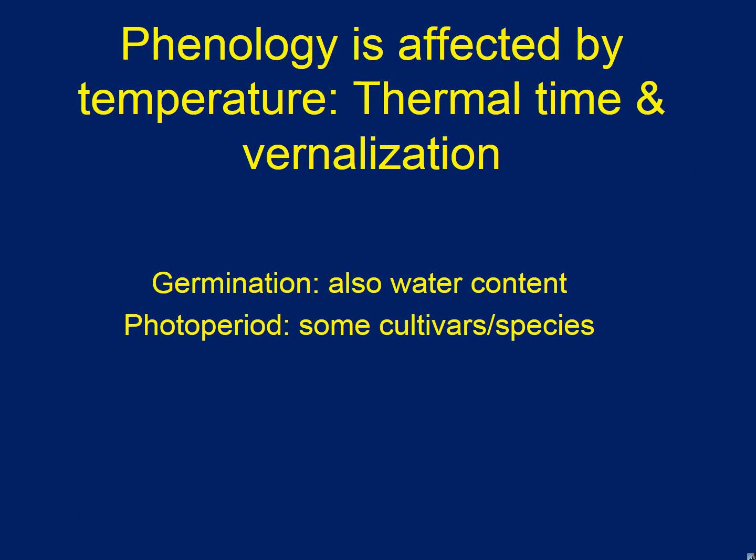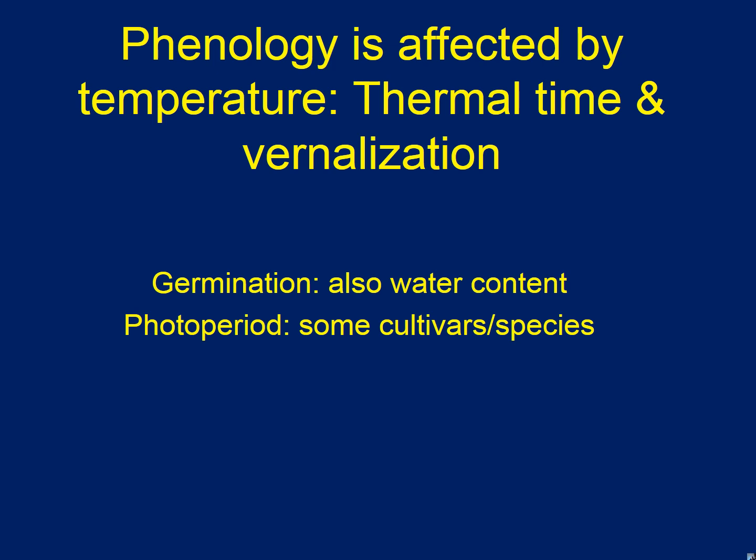The main factors affecting phenological development are temperature and photoperiod. In the case of temperature, we have a positive effect of high temperatures on development rate, and this is related to the concept of thermal time, but we have also a response to cold temperatures, which is included in the concept of vernalisation.